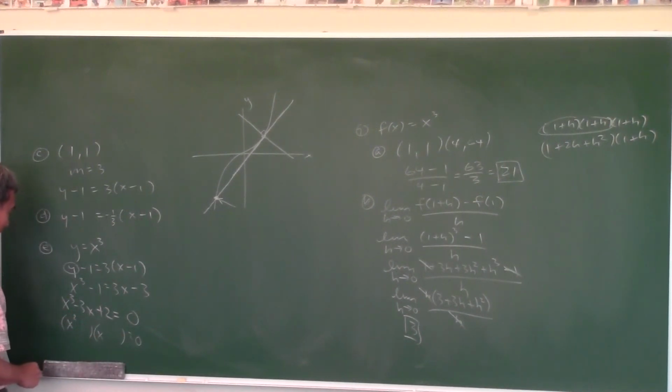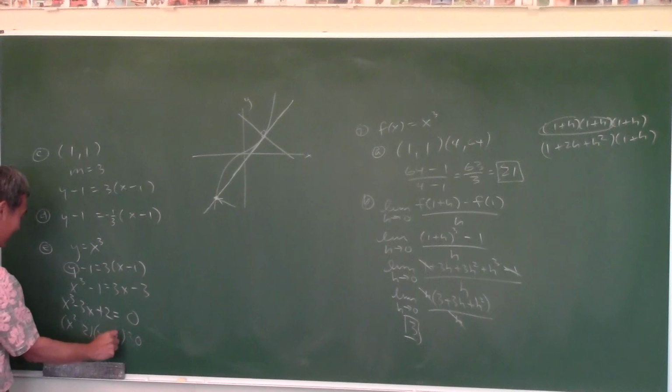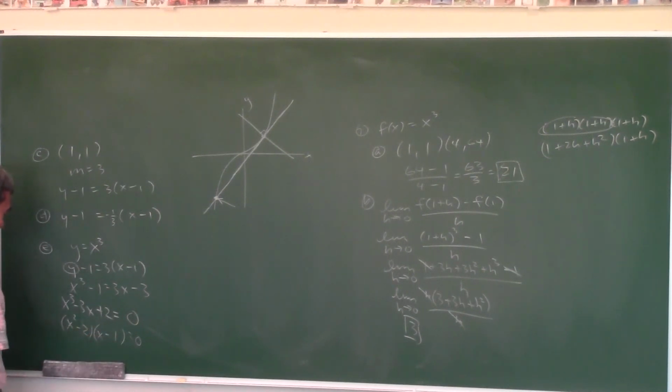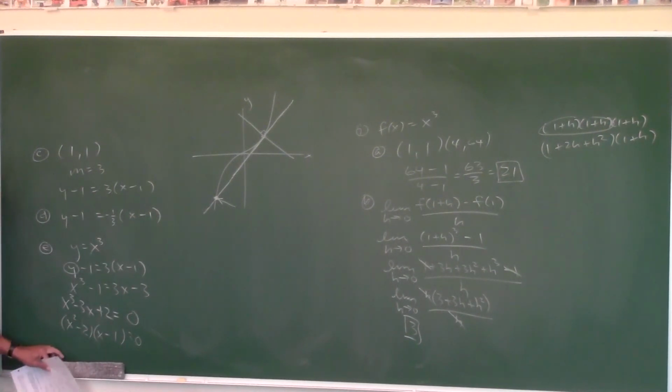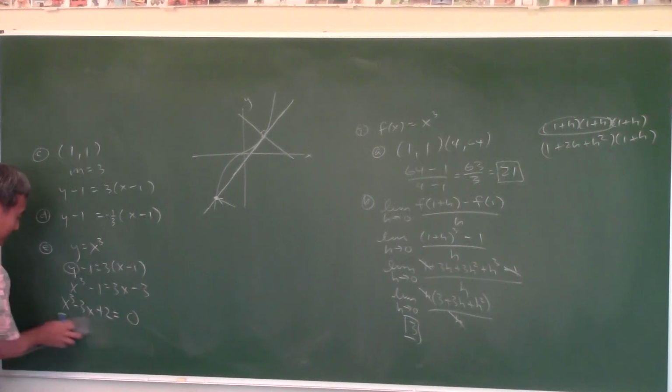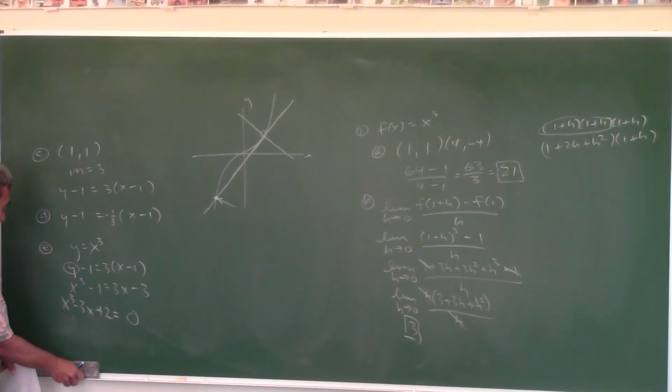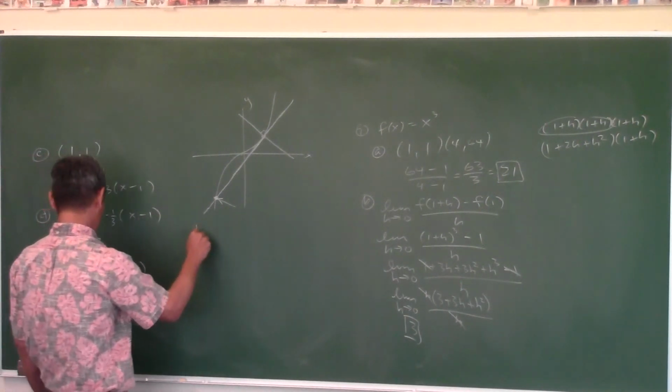They go, oh, x squared and x, 2 and 1, minus, minus. Now some of you are going, that's right, isn't it? No! Because if you do the outside and the inside, you get negative x squared minus 2x. How the heck do you get negative 3x out of that? You cannot. You have to do synthetic division. You don't make up your own.